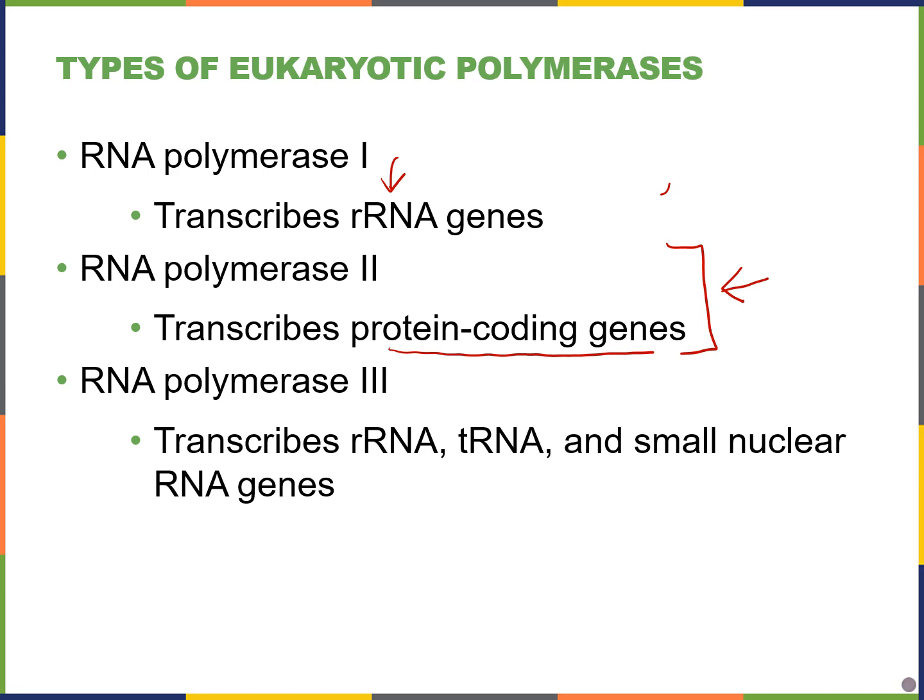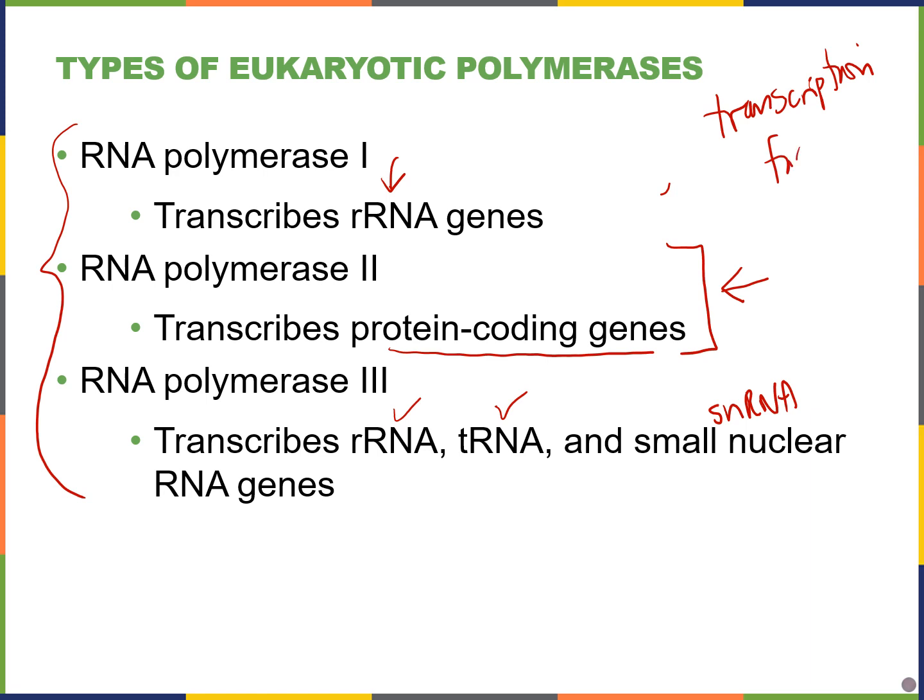And finally, RNA polymerase 3 transcribes transfer RNA and small nuclear RNA genes. In addition to RNA polymerase, it's not shown in this slide, but each type of RNA polymerase in eukaryotes also requires transcription factors in order to bind to the DNA template strand. Sometimes we abbreviate these TF for transcription factors.